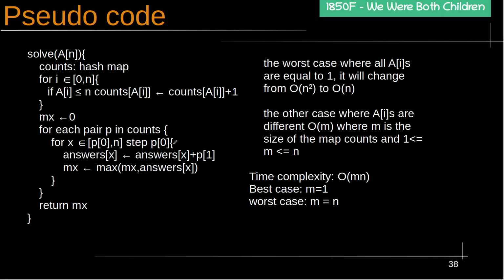So the whole time complexity would be m, the size of this map, times n, the maximum number of iterations that we could have in this loop. So m times n. In the best case, m is equal to 1; in the worst case, m is equal to n.